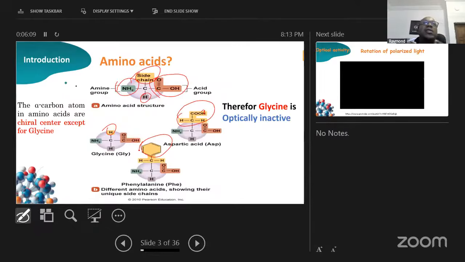So that's why we see D-glucose, L-glucose, D-alanine, L-alanine. The D tells you that this molecule can rotate a plane of polarized light to the right. If it is L, this molecule can rotate a plane of polarized light to the left. Example.